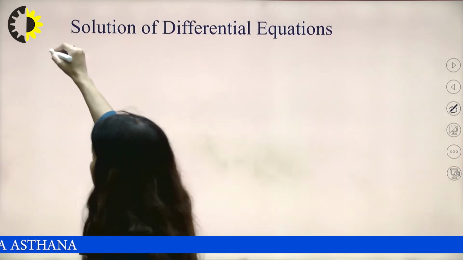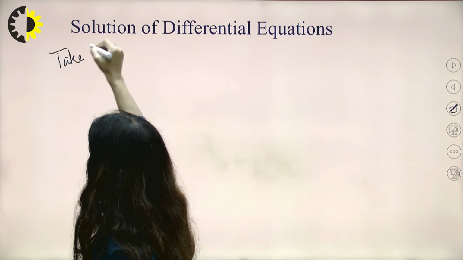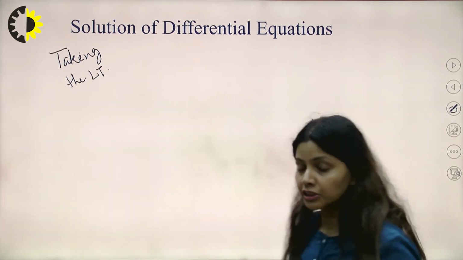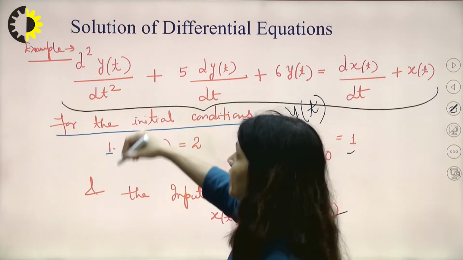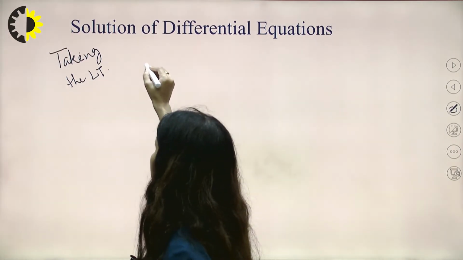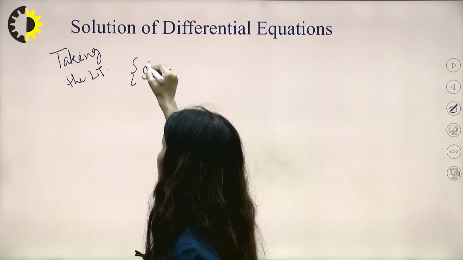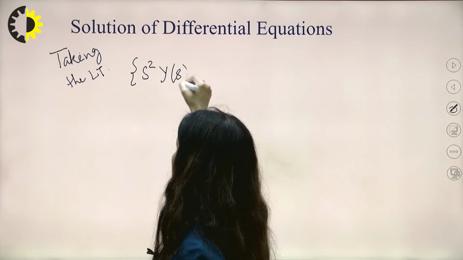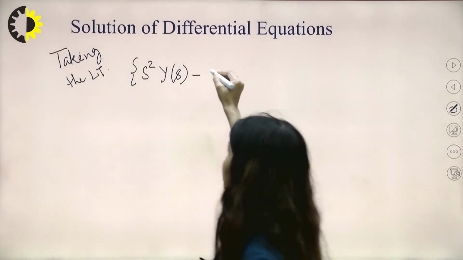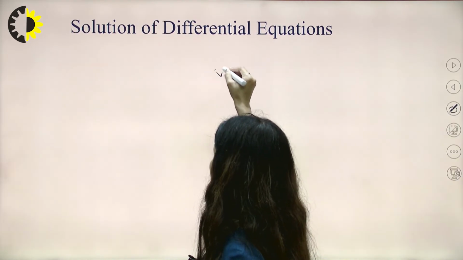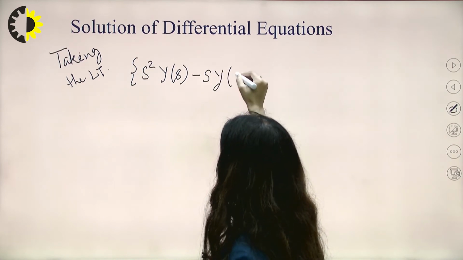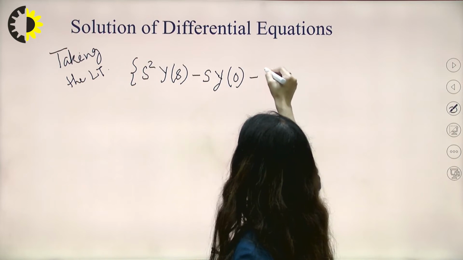Taking the Laplace transform of the given differential equation, we will calculate d square y(t) upon dt square, that would be s square Y(s) minus s y(0) minus y dash (0).